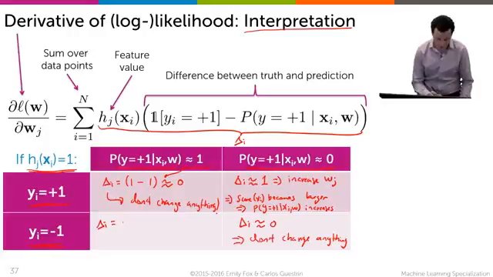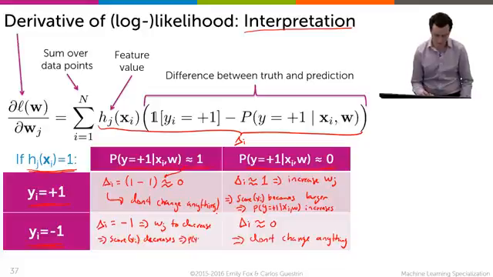So this delta i would be negative, approximately minus 1, which would lead wj to decrease, which would imply that the score of xi decreases, and it leads to the probability of y equals plus 1 given xi and w to decrease.